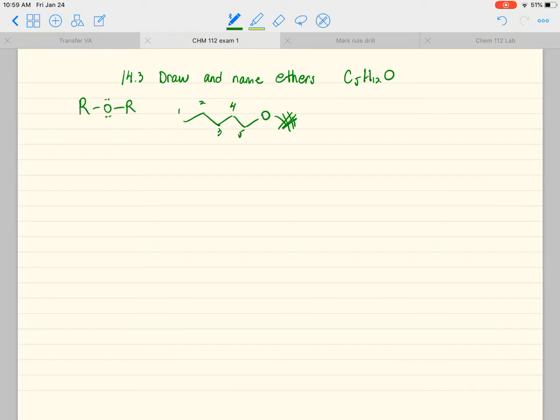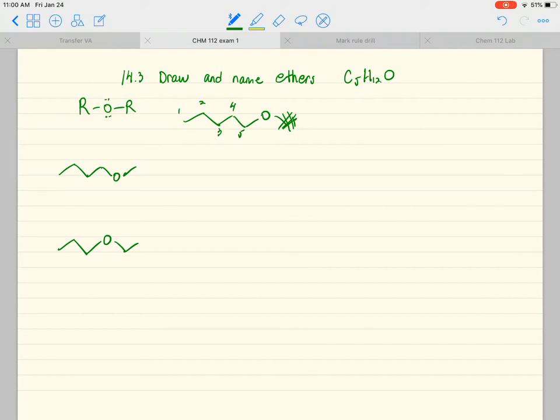So we could do 4 carbons and then an oxygen and then 1 carbon. Okay. We could do 3 carbons and 2 carbons. Okay, so that has a total of 5 carbons. And that's the same as 2 and 3.